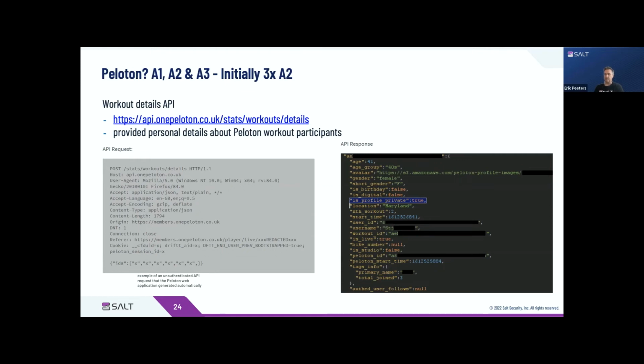So if you had a user ID, you could ask for it and find all the information like the gender, whether it's female, yes or no, his Peloton ID, his user ID, his username, his workout ID, the location where he was, in this case Maryland, and all this information was simply available without any authentication.